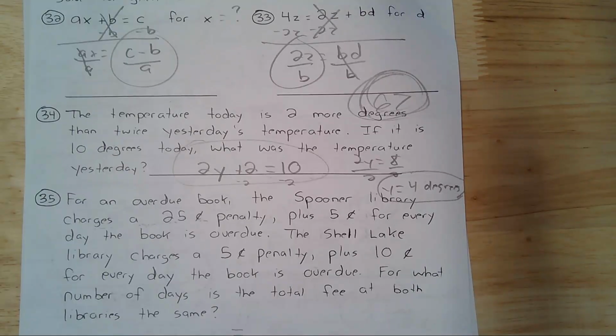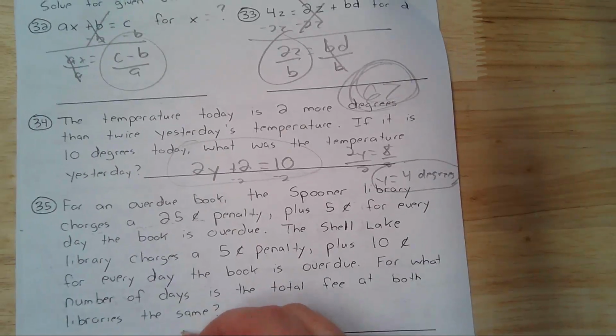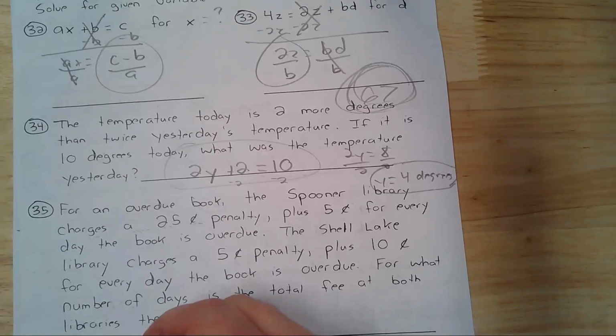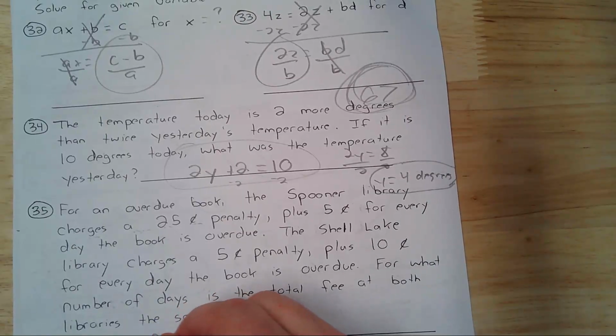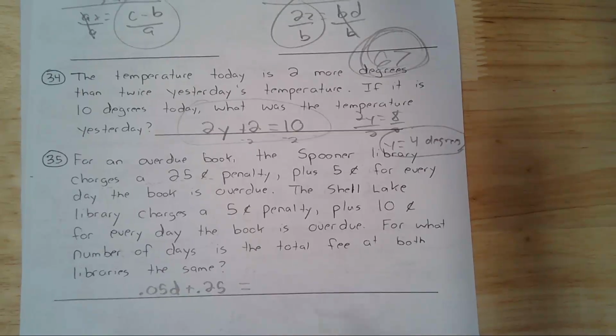So let's start with Spooner Library. It says that it charges a 25-cent penalty, so that's like a flat fee, 25 plus 5 cents for every day the book is overdue. So 5 cents times however many days it's overdue plus the 25-cent penalty, right? And then it says, what day is it?